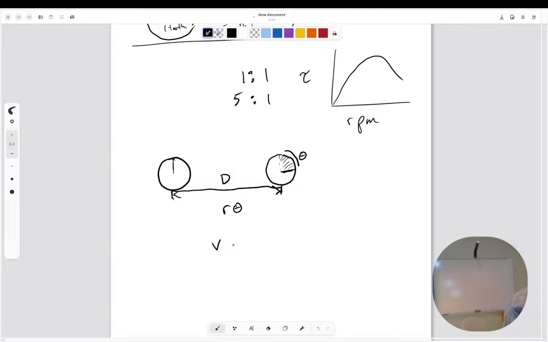So then how fast are we going? Divide by time? So r theta over a delta t?